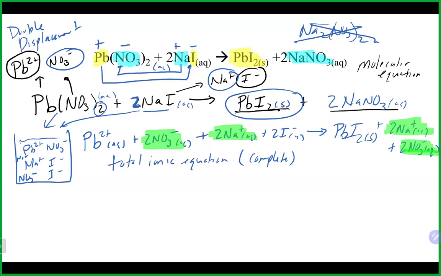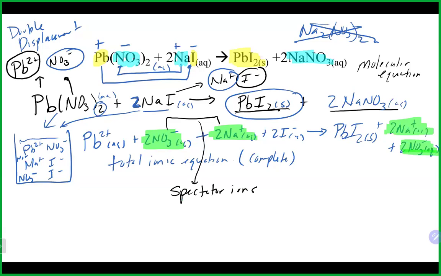If you balance the equation properly, you will also have the same number of ions on each side. These guys are what are referred to as spectator ions.